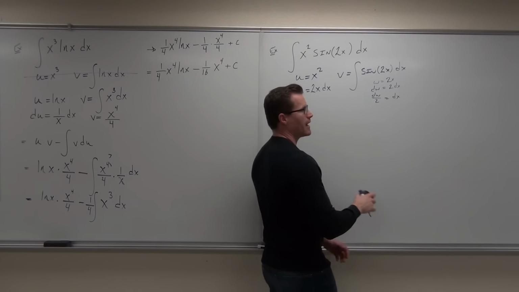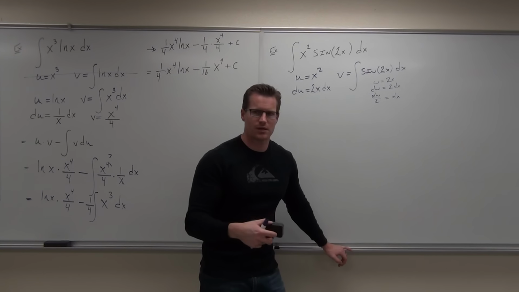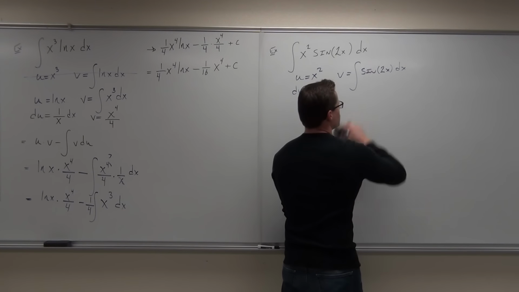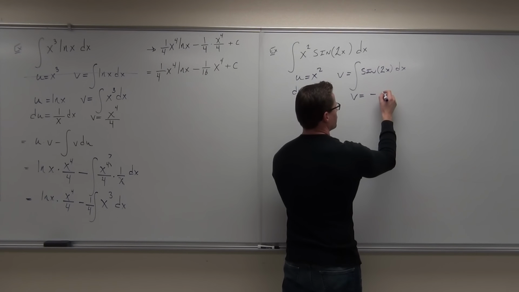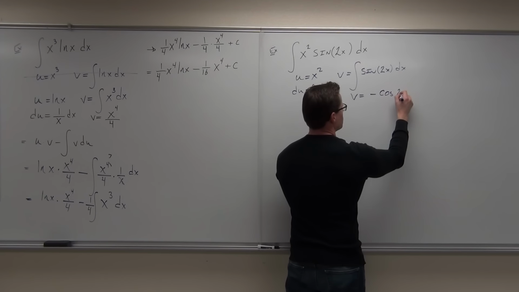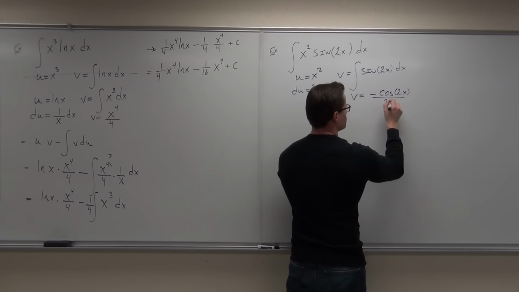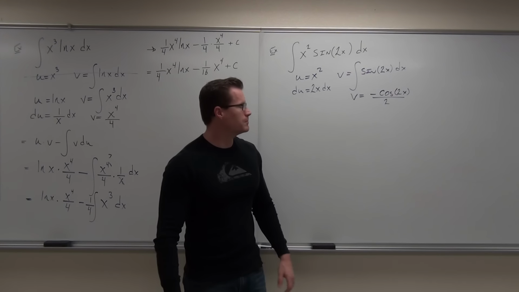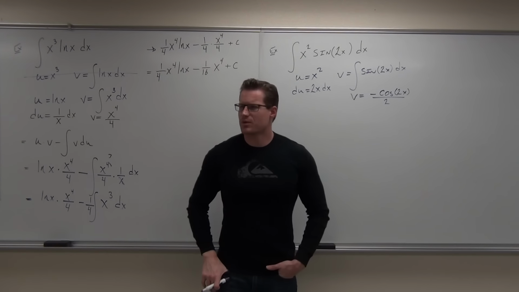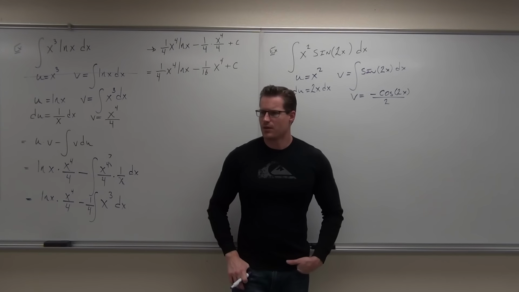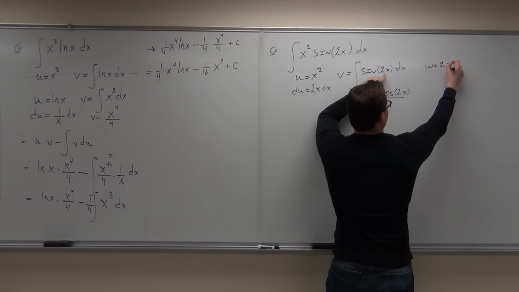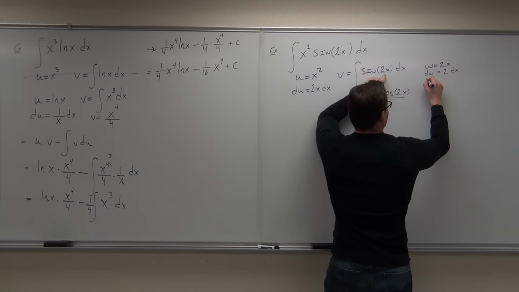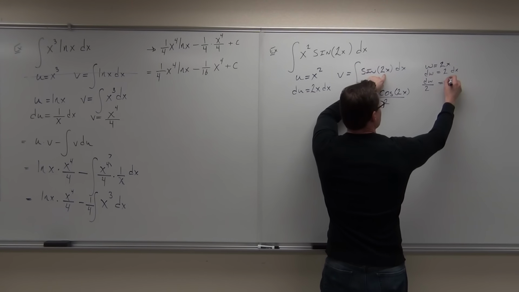What you're going to end up with after you do this a whole lot is you're going to understand that really what this v is going to be is negative cosine 2x over 2. Do you guys see where the over 2 is coming from? The over 2 is coming from when you have your w equals 2x, dw equals 2 dx, dw, oh, look at that, over 2.